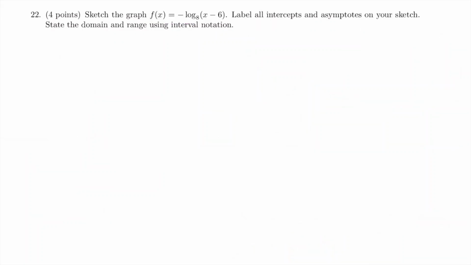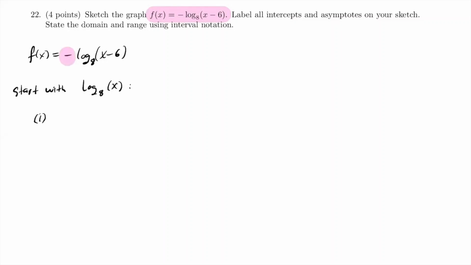For number 22, we're going to sketch this logarithmic function. So we're going to write down the transformations and then start sketching. So we have log base 8 of x minus 6. So we're going to start with our basic shape. So start with log base 8 of x. And then we're going to shift. First, it's going to be this one right here.